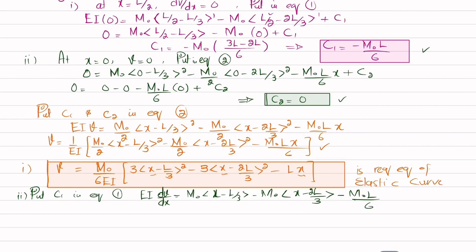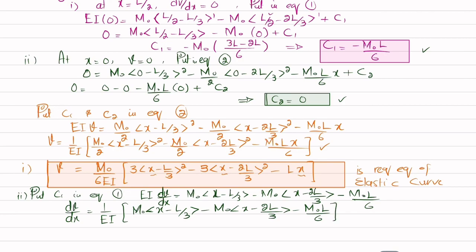So divide EI on both sides. So we will get dV over dx is equal to 1 over EI into m naught into x minus L by 3 minus m naught into x minus 2L by 3 minus m naught into L divided by 6.